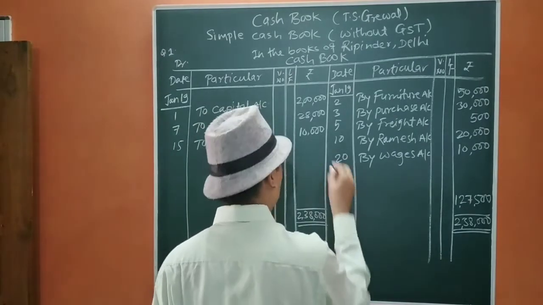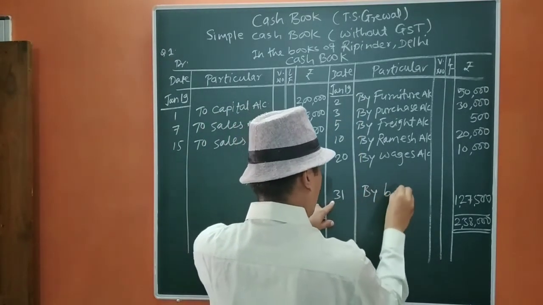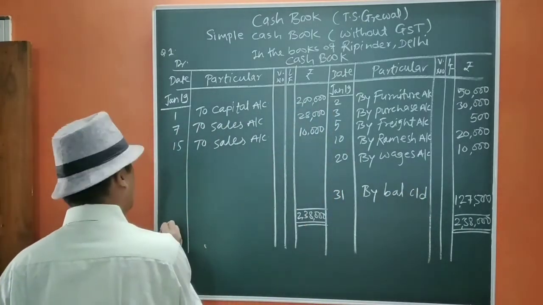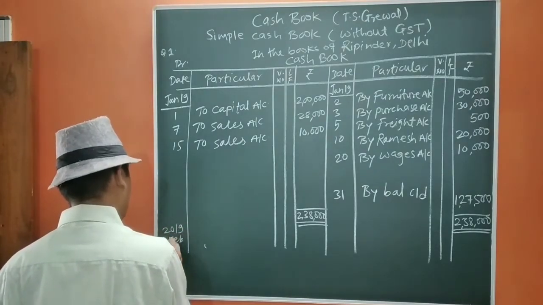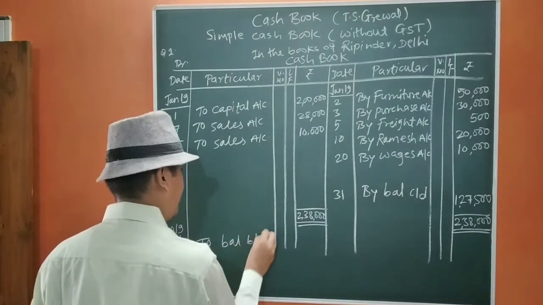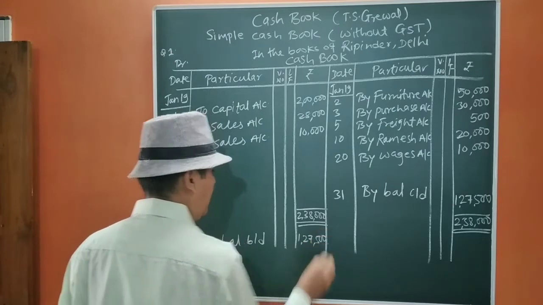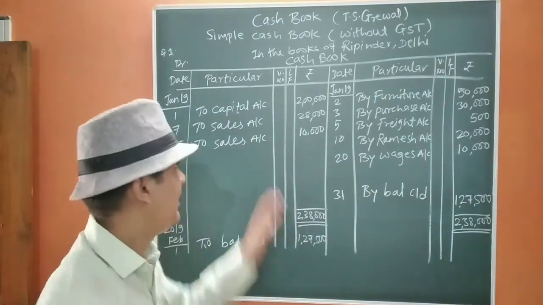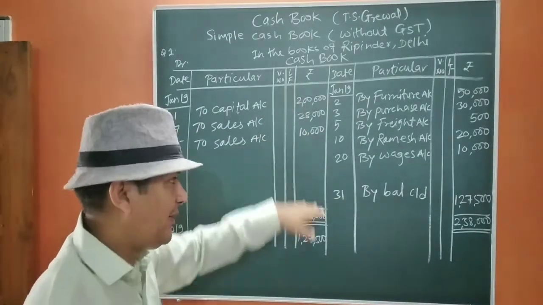The date is 31st because January last date is 31st. So it will be by balance carried down. The same thing 2019 Feb 1st. Okay, it will be to balance brought down 1,27,500. Remember, cash balance always has a debit balance. Cash account we always have a debit balance.